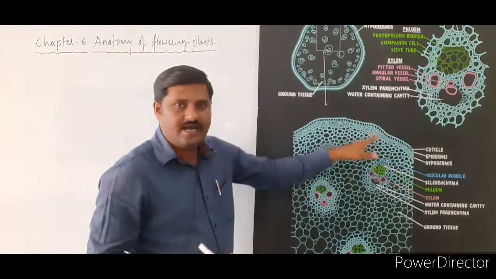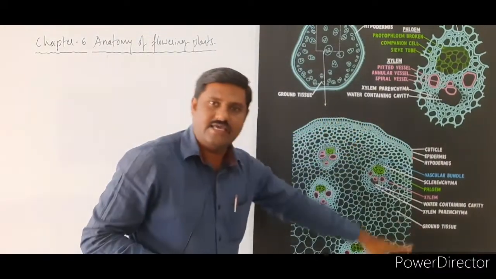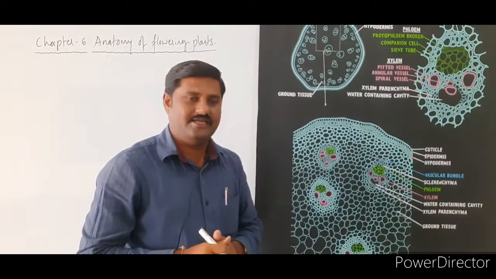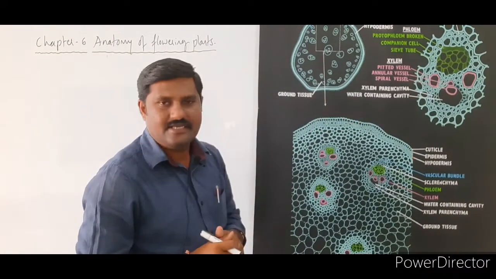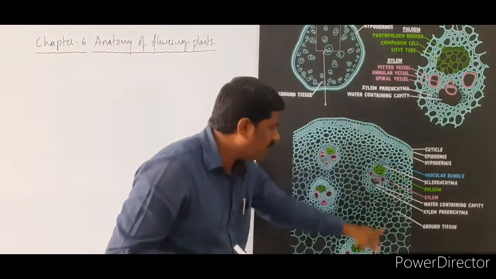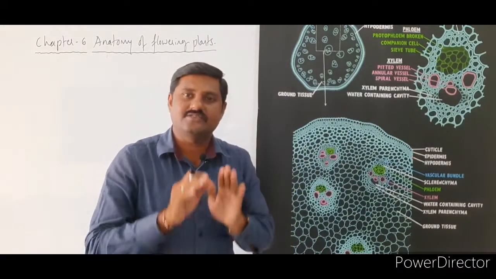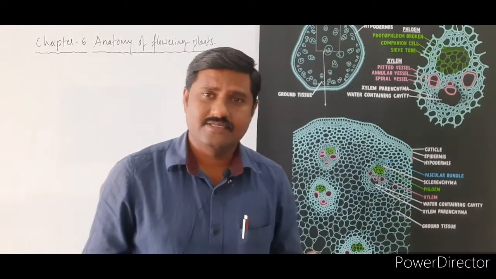See here, as in the dicot, the entire stem is divisible into some sections, right? One is epidermis, second one is hypodermis, and the remaining one is the cortex part, actually that cortex part is not at all divisible into what?